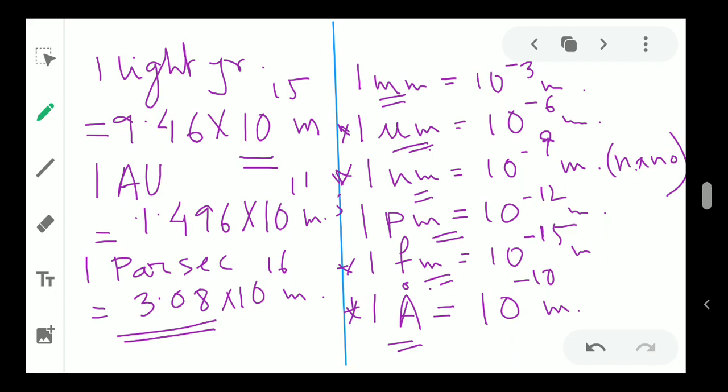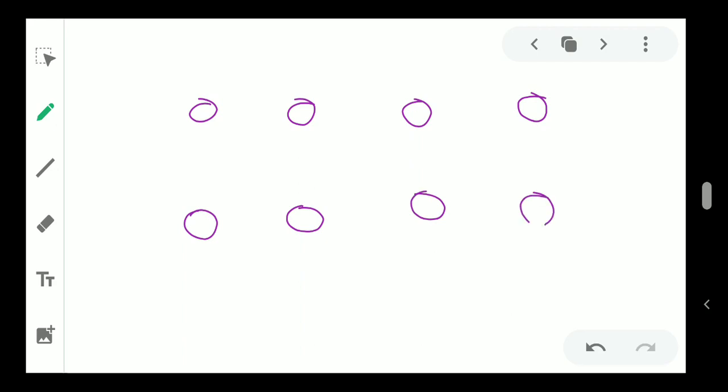What is angstrom? Angstrom is the distance between lattice points. What is a lattice? A lattice means a crystal. You know what a crystal is? Some material that is very periodic in nature, like your quartz crystal, NaCl, that is table salt, your diamond.